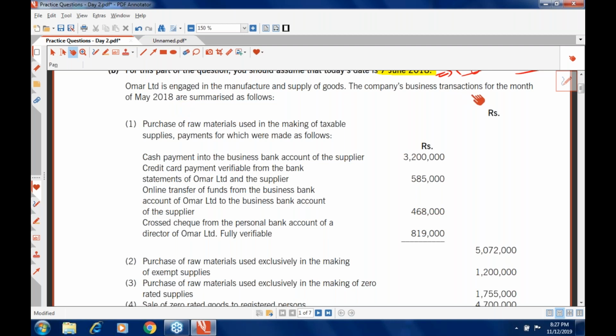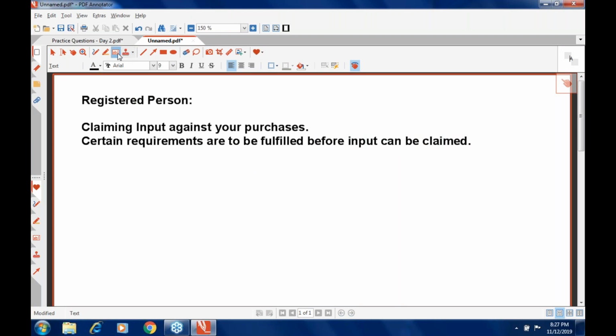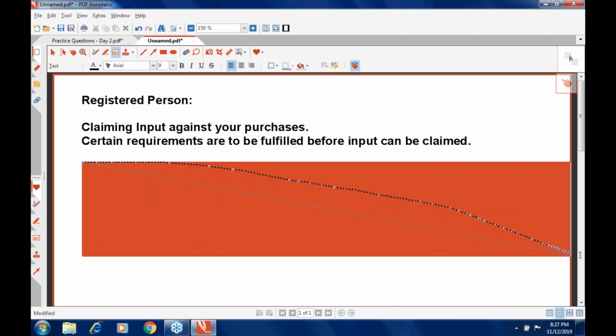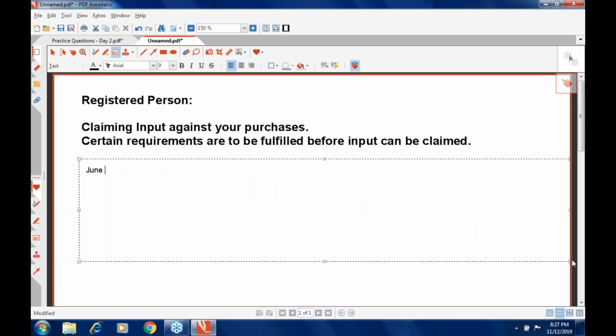What I am going to do is, if I have certain points, I will keep on writing down those points here so that we could have the key information.